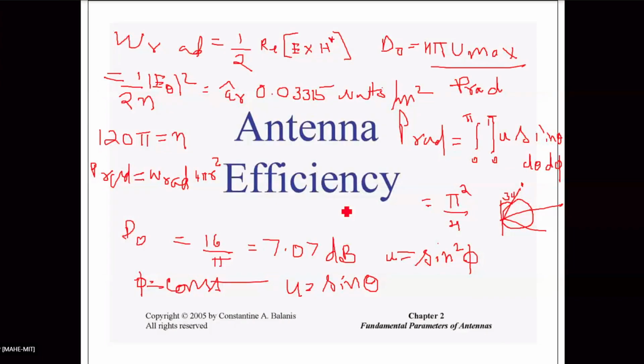You know how to solve the integral of cos cubed theta sin theta d theta d phi. You can use cos theta as t.